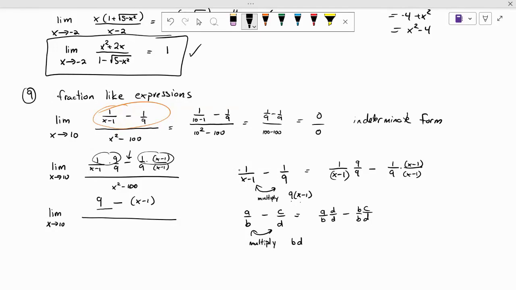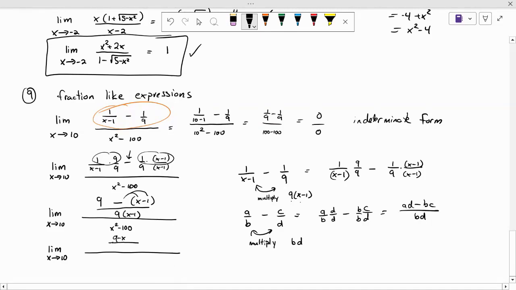Then we divide by the common denominator now that we have it. All right, so we can distribute that negative.